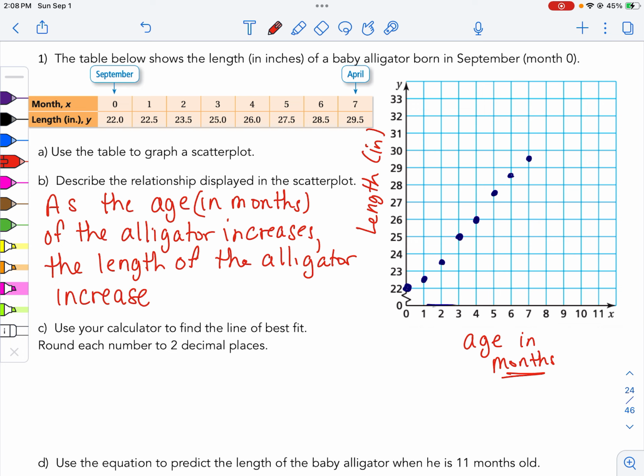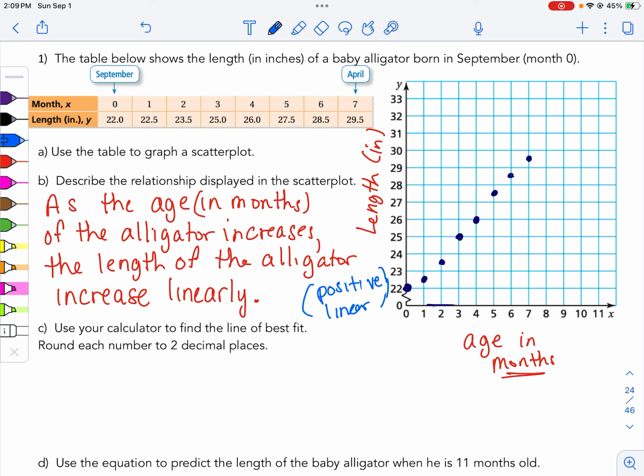And not only do they increase, they increase linearly, pretty much in a straight line. Now, there's another way to refer to this: we could call this a positive linear relationship. Because the slope of this graph is going to be positive, since the y values are going up, we would call this a positive linear relationship.